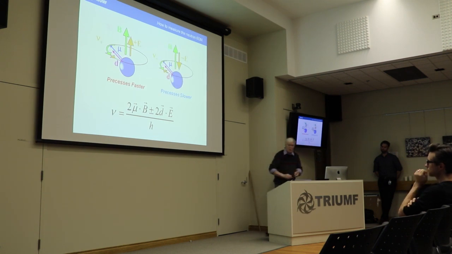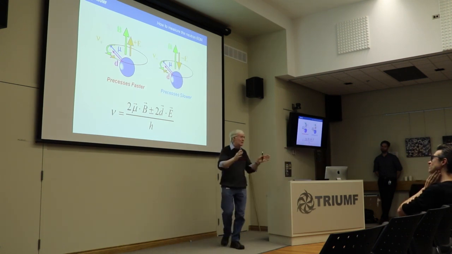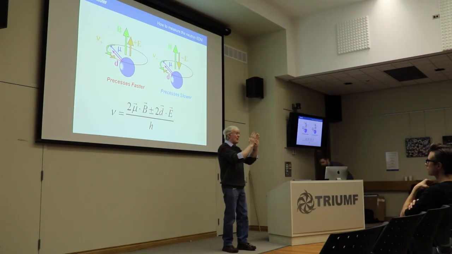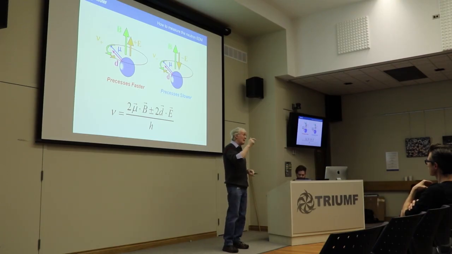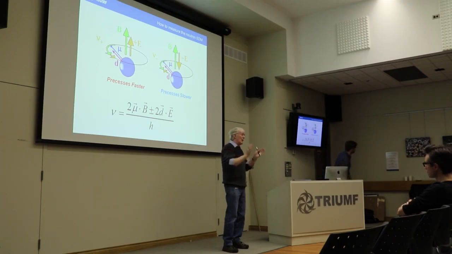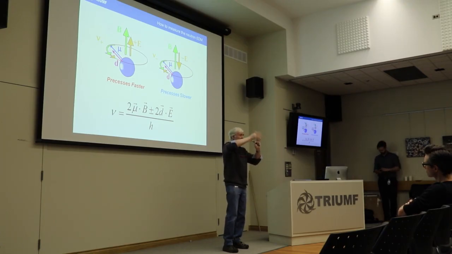And so what we do to measure it is this. You get the neutrons and you put them in a magnetic field, and they start precessing around. And then you put an electric field in there as well. And if there's no electric dipole moment, the electric field won't make any difference at all. But if there is, then when you change the direction of the electric field, you're going to change the precession frequency.